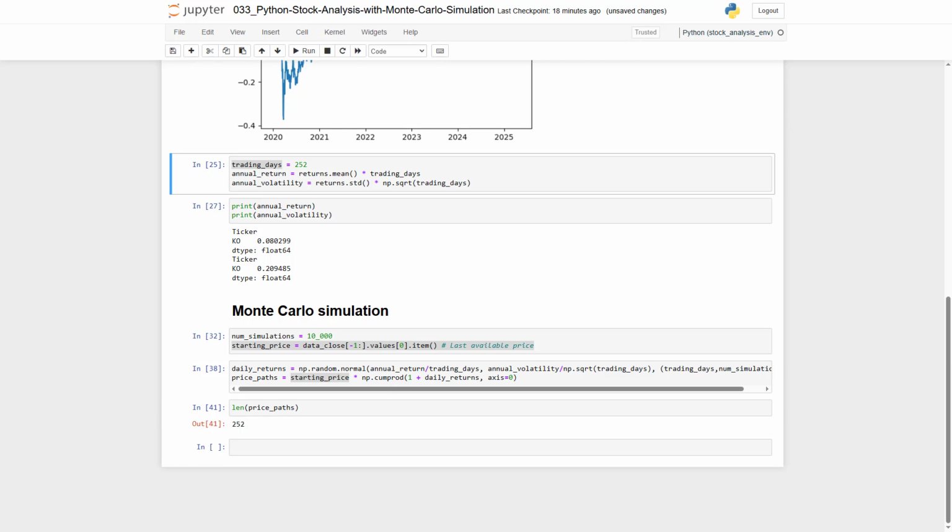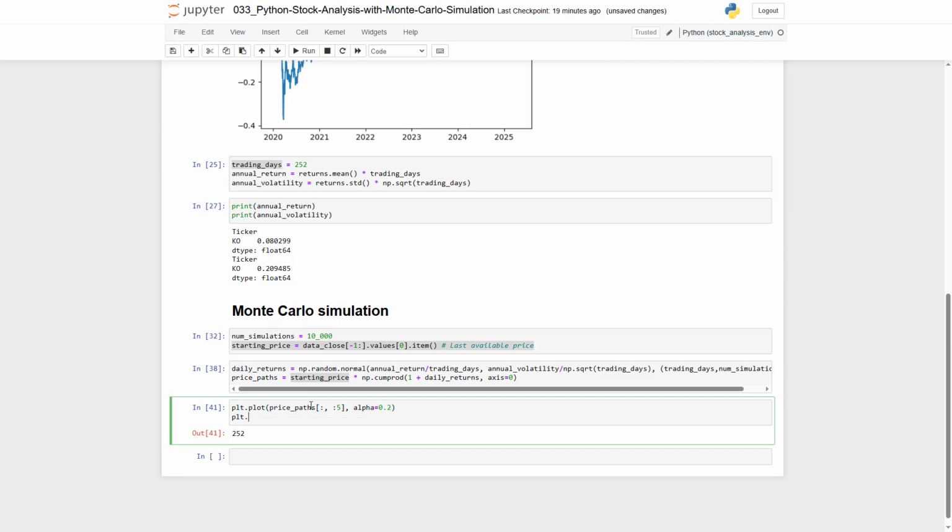What can we actually do with this one? Well, we can plot it, and let's try our best. plt.plot price paths, and should we be plotting everything? That's a good question. I'll just plot the last 5, and then let's see. Okay, I am adding a line starting from the starting price.